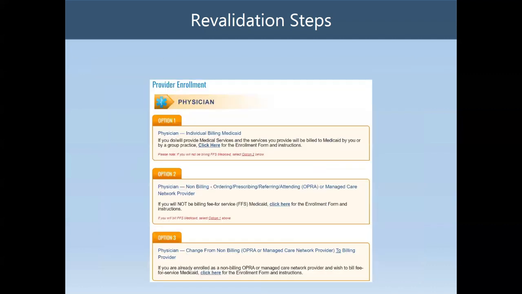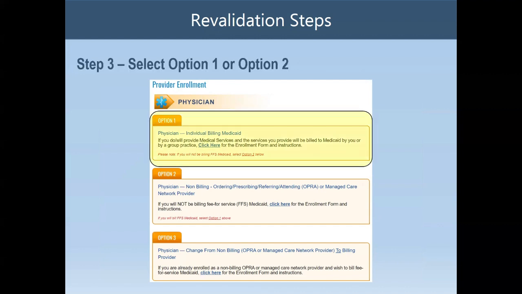Once you choose your appropriate type, you're then going to have a couple of options. Are you going to be revalidating with, let's say, option 1, which is an individual that's actually billing Medicaid, or possibly option 2, where you're not billing Medicaid, you're an OPRA provider, where you're either just ordering, prescribing, referring, or an attending provider.